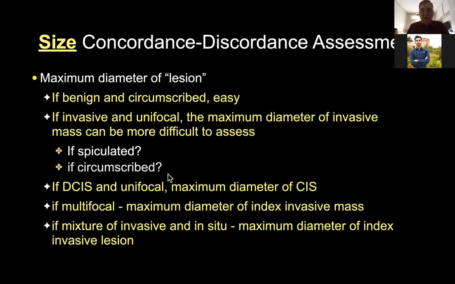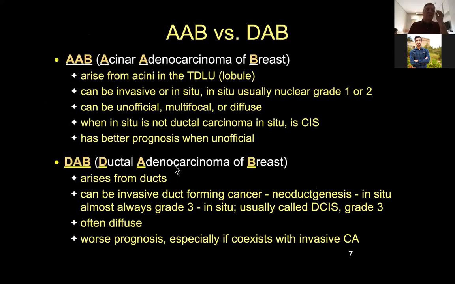But if it's multifocal, the size of the largest component, which is what TNM takes into account, the maximum diameter of the index lesion, is not the whole story because there may be 20 other foci that together have more volume and more surface area, which is probably more important even than volume, than the index lesion. And so size really is not an adequate term for defining the stage of a lesion.